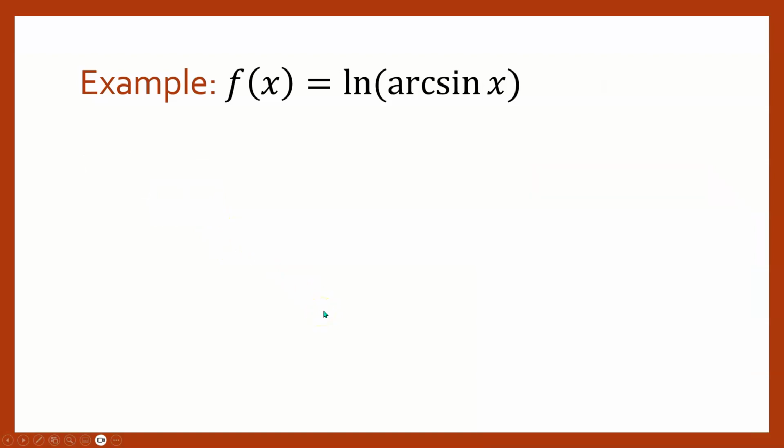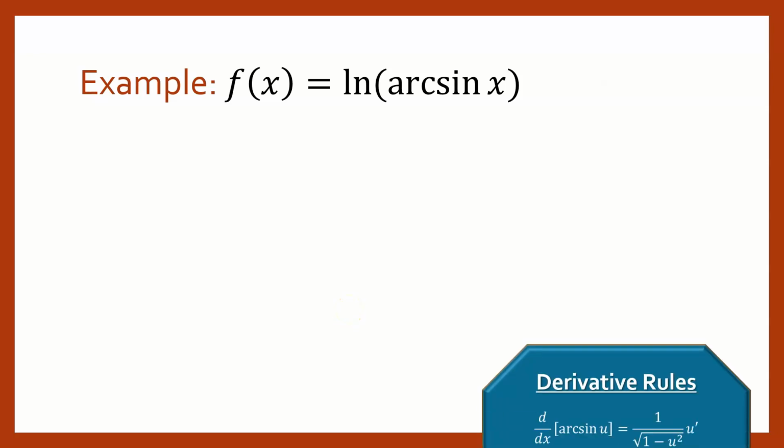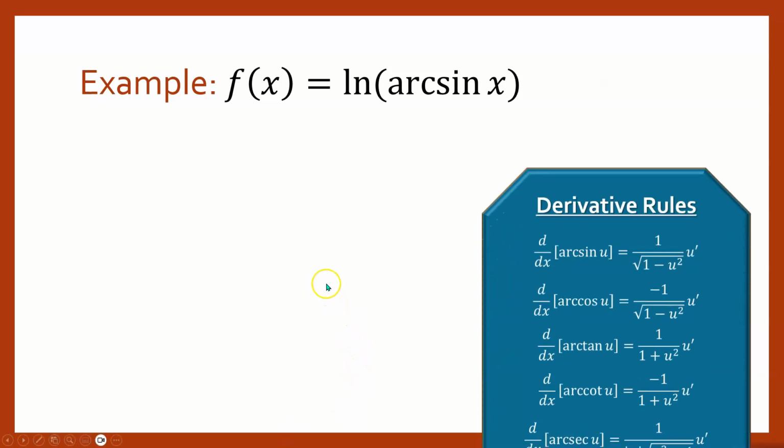Now what if we have the ln of the arcsine of x? This time the big picture is that this function consists of the natural logarithm of something. That something happens to be the arcsine of x, but the first thing we need is the rule for the derivative of ln of something, which is 1 over the something times the derivative of the something.